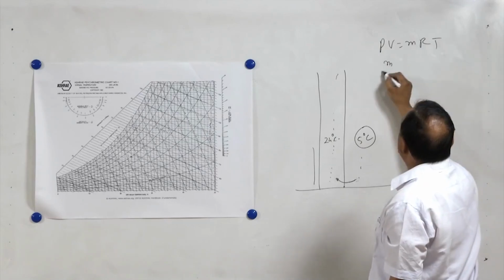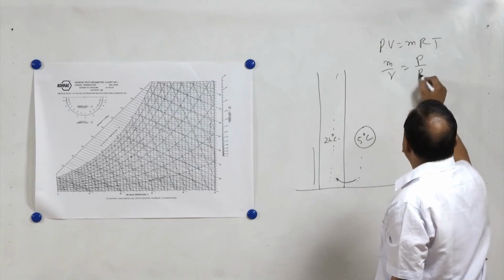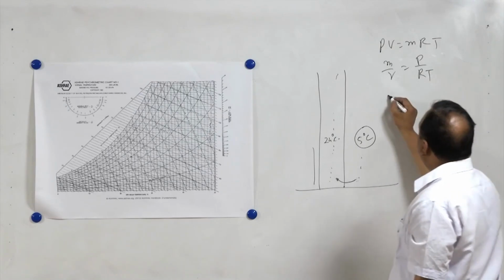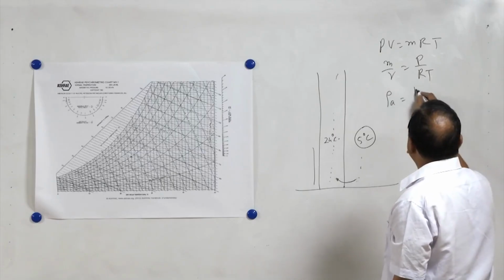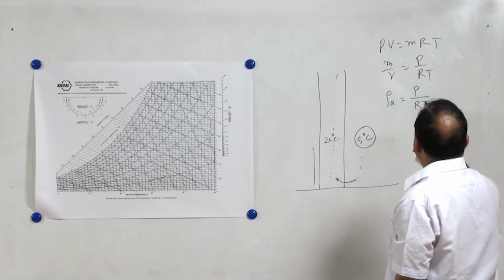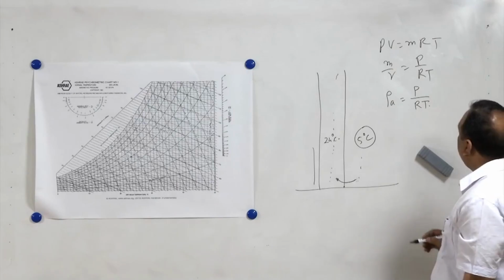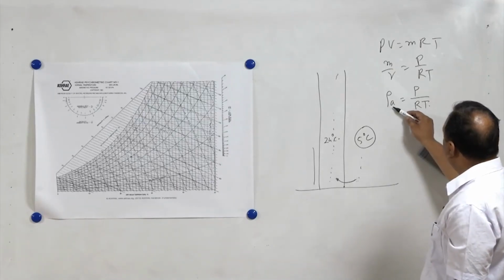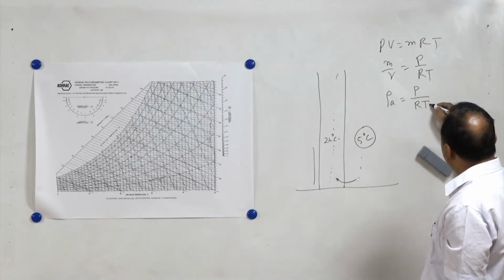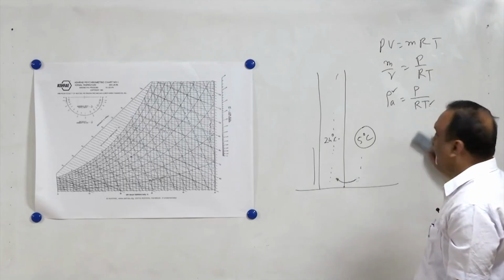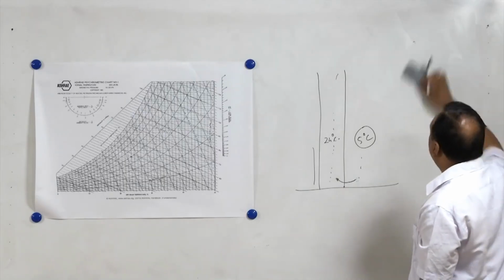So, density is P over RT. So, density of the air is equal to pressure divided by R times temperature. So, the moment the temperature is reduced, the density will increase. So, definitely at lower temperature fluids have higher density.